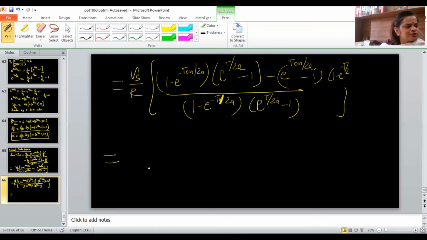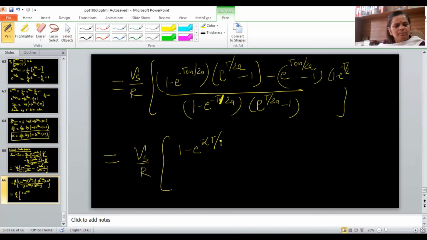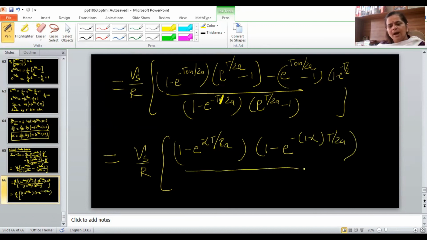So finally, if you solve it, cross multiply it, you are going to get Vs by R, 1 minus e to the power minus alpha T by τ, 1 minus e to the power minus (1 minus alpha) T by τ, divided by 1 minus e to the power minus T by τ.